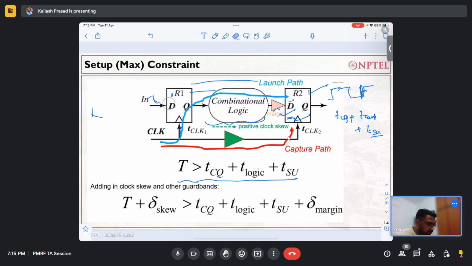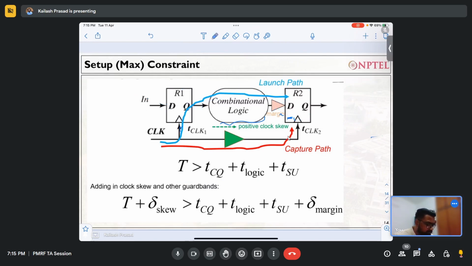Now we can have non-idealities in our design. The first is if I have a delay in the clock path. This is what we call delta skew, some positive delay. I have a clock which is coming like this, this is clock 1, then I have another clock which is delayed. This is the flip flop which will latch the data.